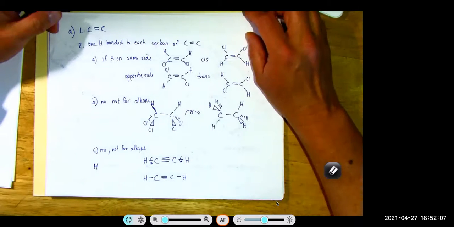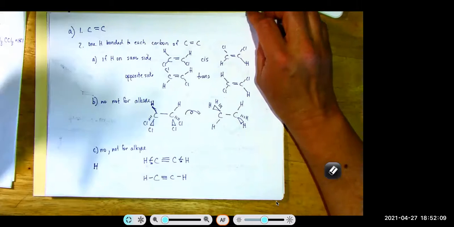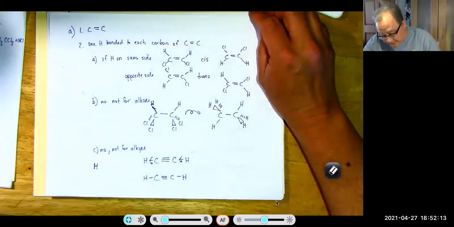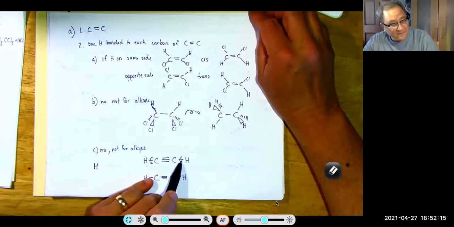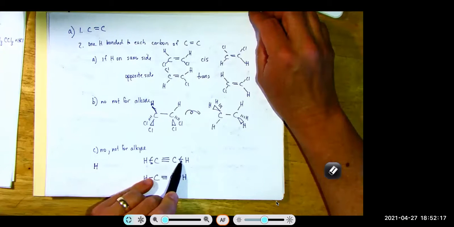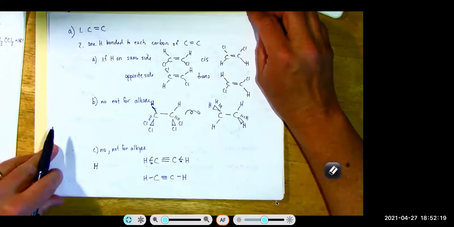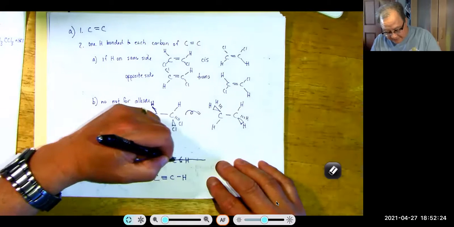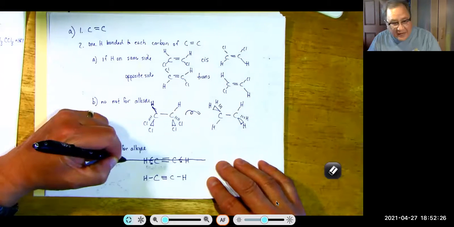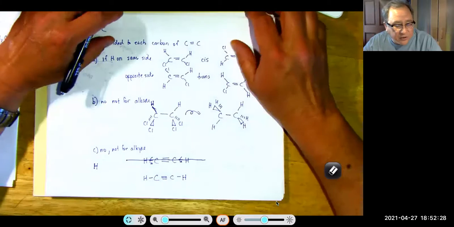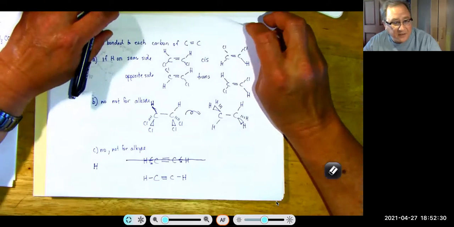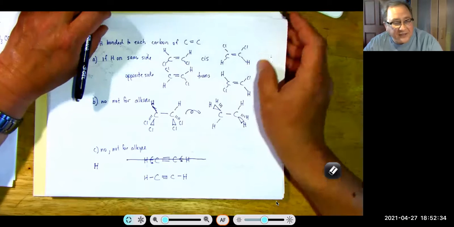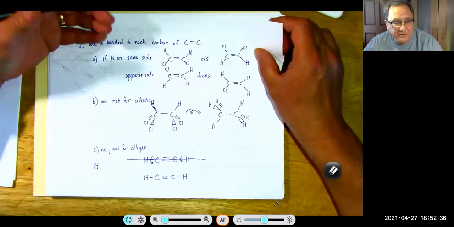It's really just because you only need the one hydrogen on either end because of the triple bond in between. It's really because that can rotate. Also, if I draw the line through here, you're not going to have 2 hydrogens on the same side or 2 on the opposite side. They're right in the middle of the line. So you could really say for alkynes, it doesn't work because alkynes are linear.